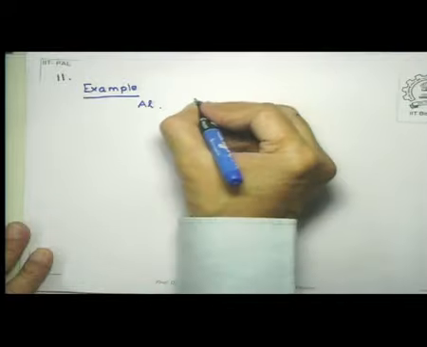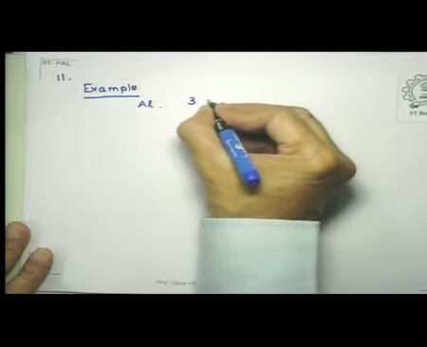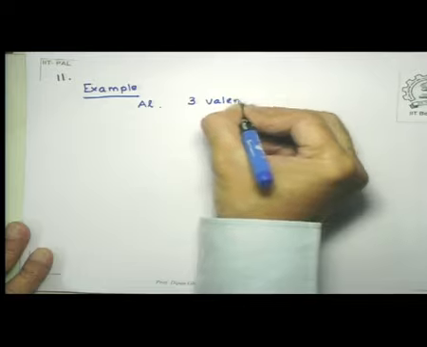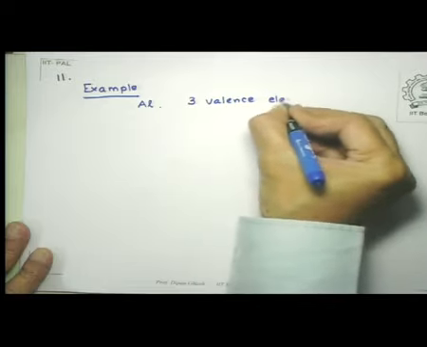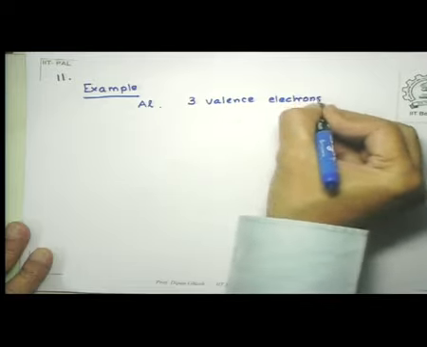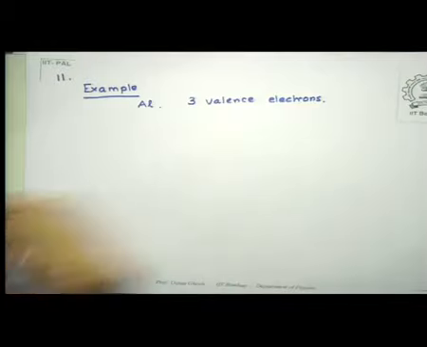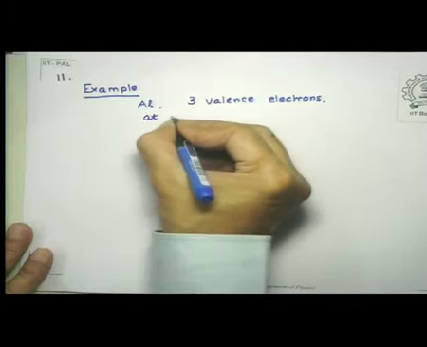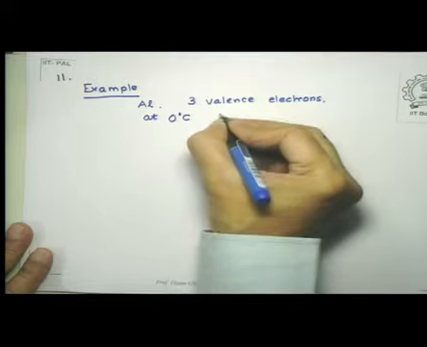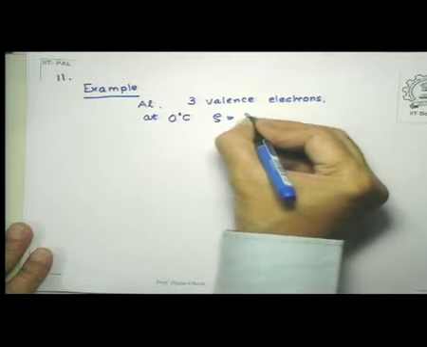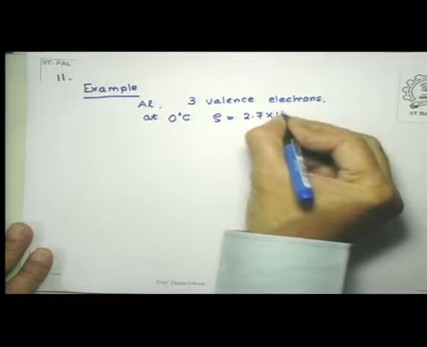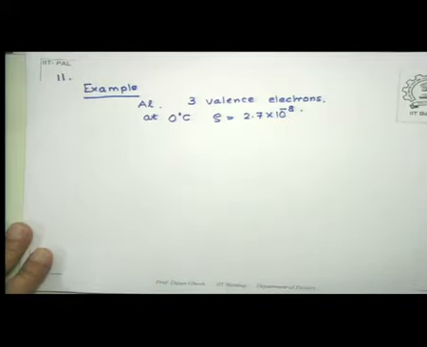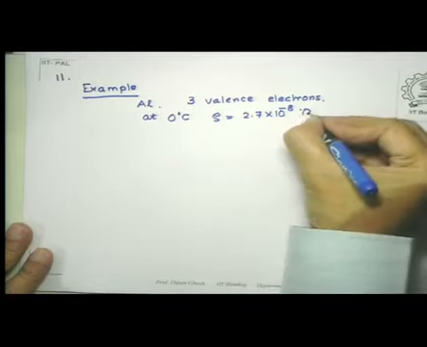Now aluminum has 3 valence electrons, and at 0 degrees centigrade, it has a resistivity of 2.7 into 10 to the power minus 8 ohm meter.